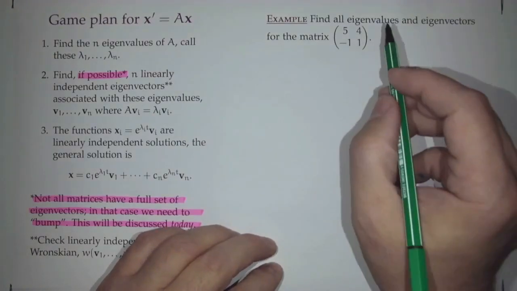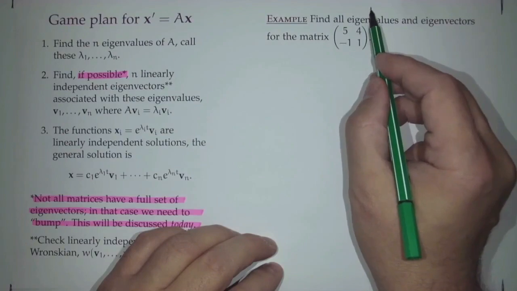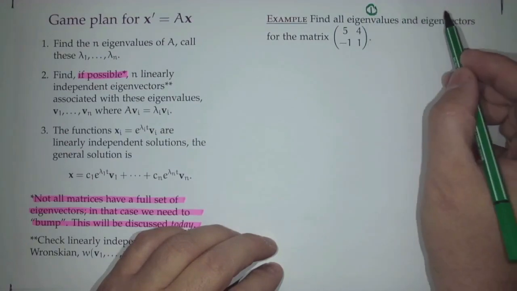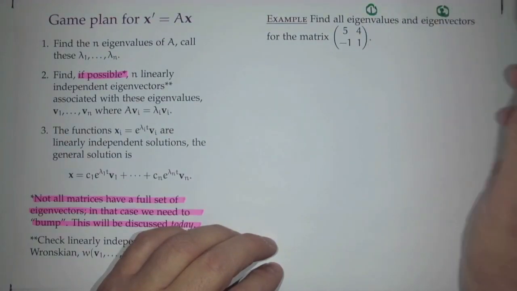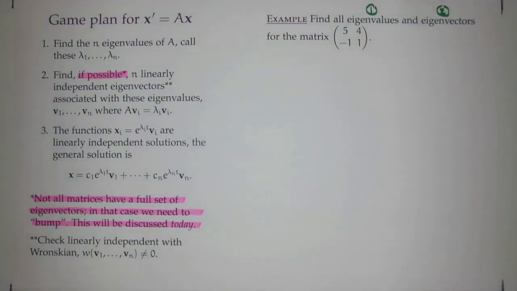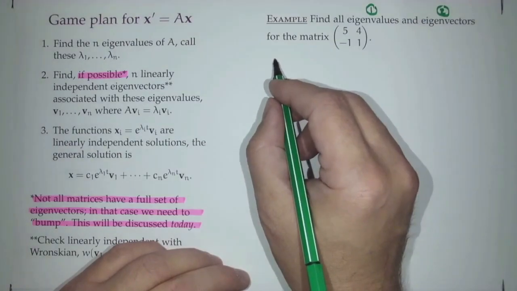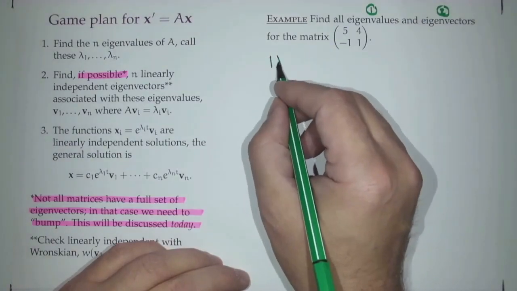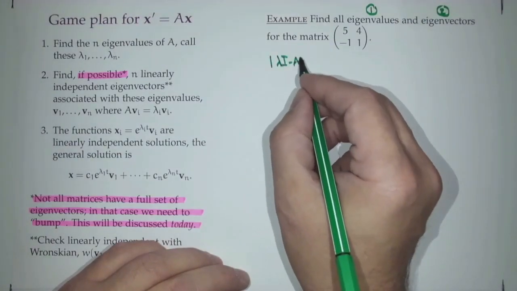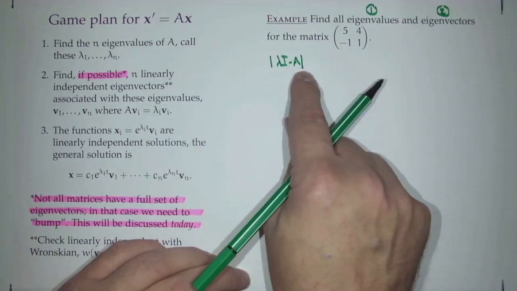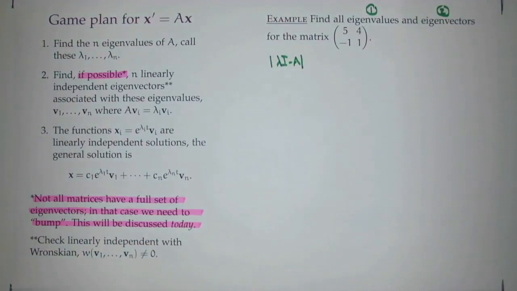Okay, so one thing is you always need to find your eigenvalues before you can find your eigenvectors. You can't find eigenvectors unless you have the eigenvalues. So we start with that characteristic polynomial, the determinant of lambda I minus A. And remember that these bars here mean taking determinant.